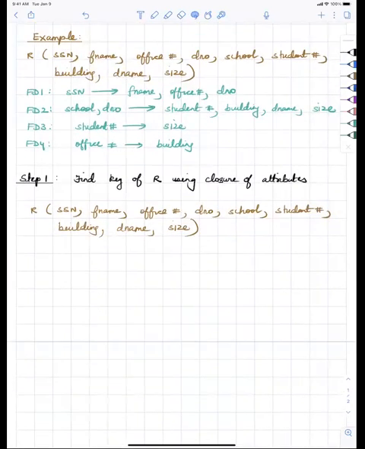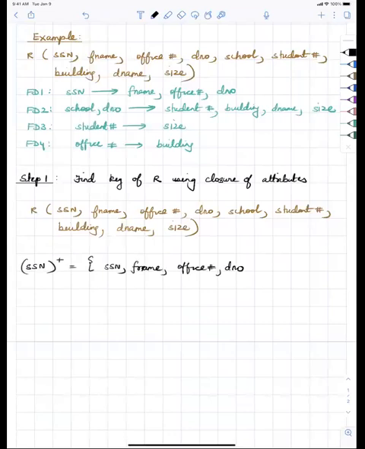So let's start with social security number and see, could that be a key? So we use closure. From social security number, we can get the following attributes. Okay, is there anything else we can get from here?